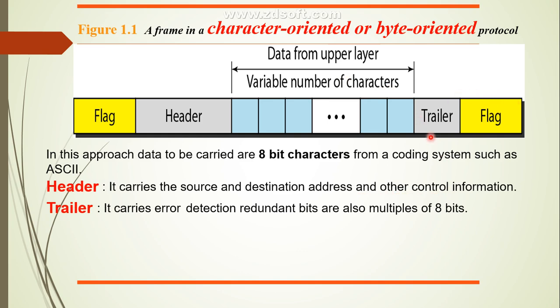Talking about the trailer, basically the trailer carries error detection redundant bits, which are also multiples of 8 bits.